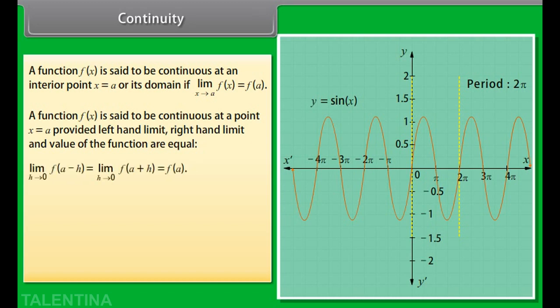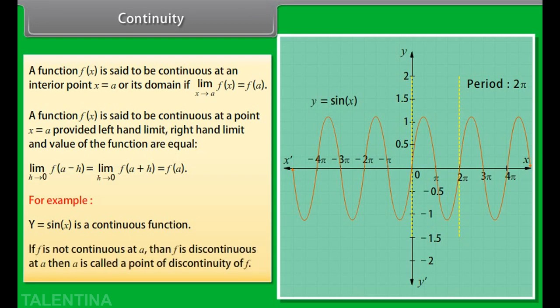Limit h approaches 0 of f of a minus h is equal to limit h approaches 0 of f of a plus h is equal to f of a. For example, y equal to sin x is a continuous function.